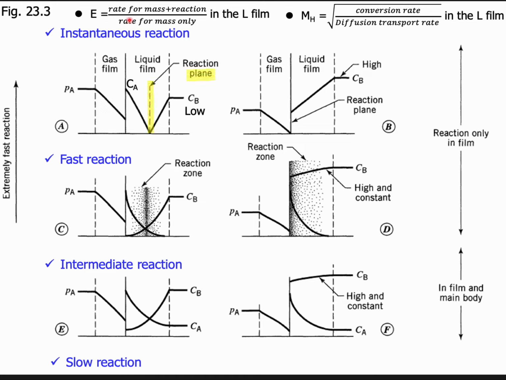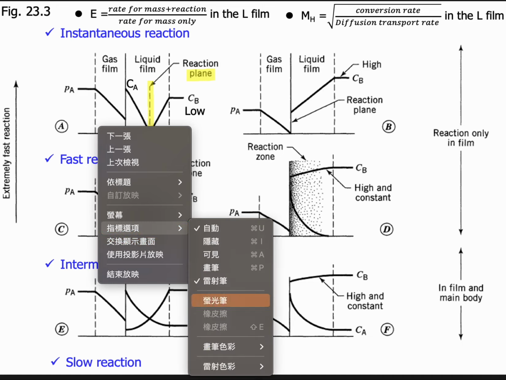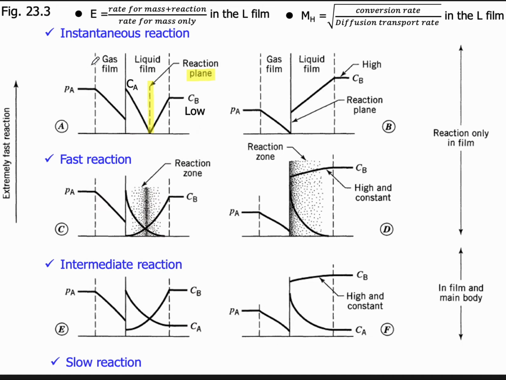Some people might be concerned that the partial pressure of A will be lower than Ca here. Actually, the units are different. The axis here, sorry, let me draw, is in pressure, and the axis here is in concentration.